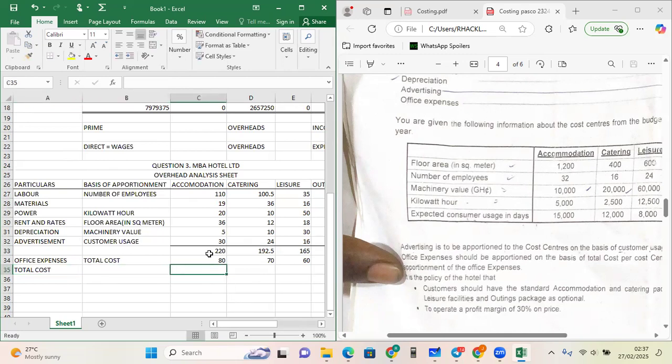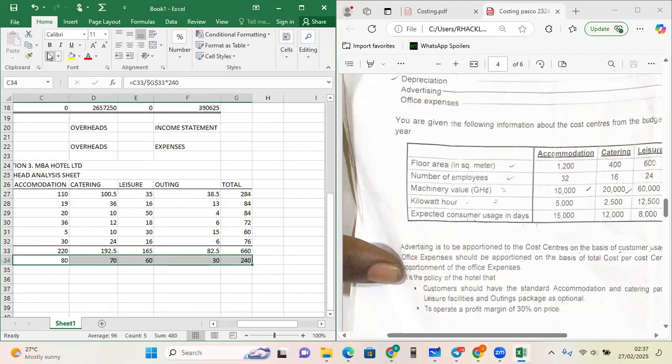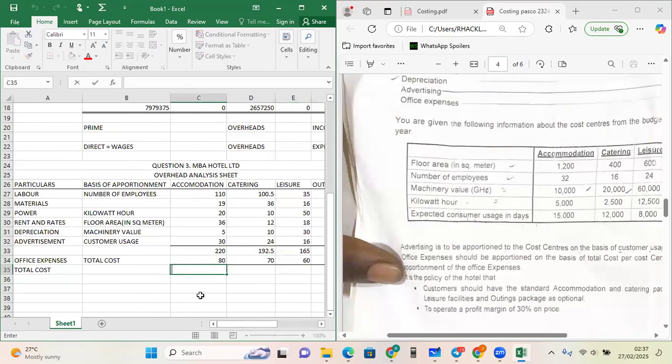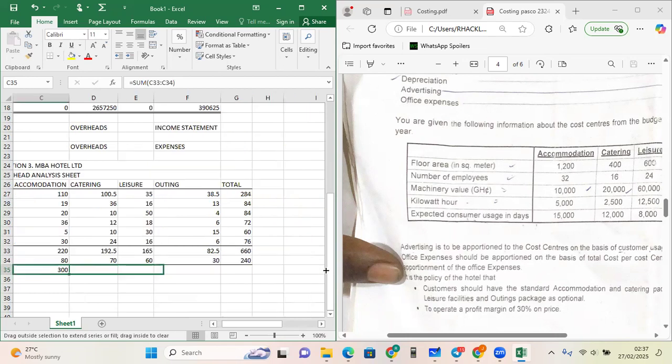So total overhead cost, we are coming to some business, equal to some examples. The 990, the 900, is the total overhead.